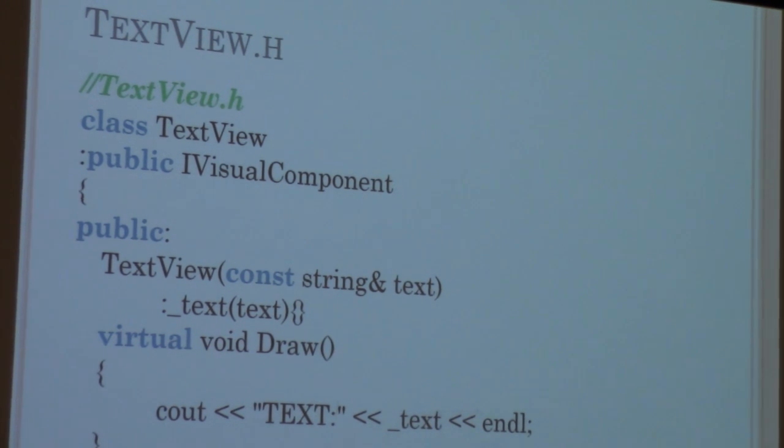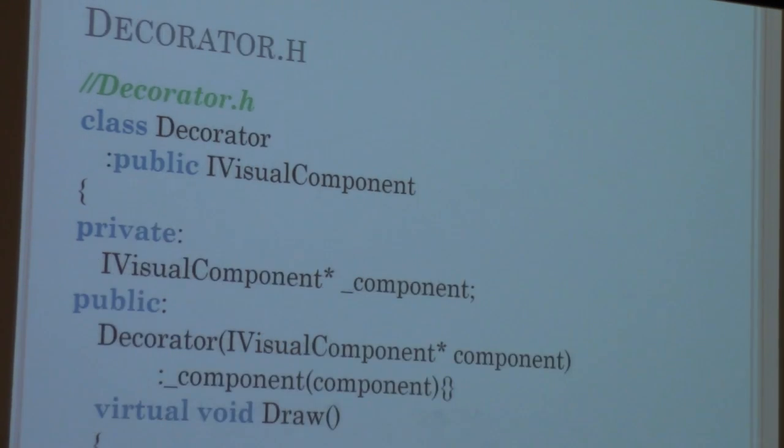It just has a cout statement saying where this is from. And then you have that decorator class, again inheriting from the iVisual component, again pointing out that it holds a pointer to the base class object, and here it is basically initializing that pointer.